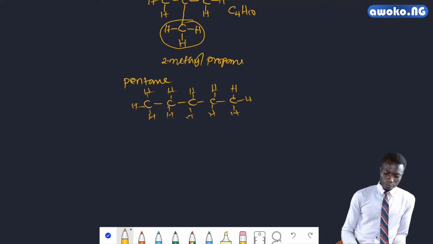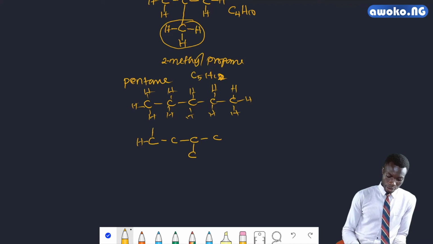Now, the first isomer of pentane will be like this. You will see the same, so the molecular formula here is C5H12. So therefore, we can draw another structure having the same molecular formula, but it's bearing a different structure.